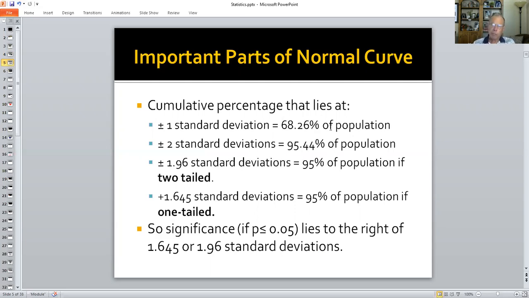But if it's a one-tailed, then that 95% lives in 1.645 standard deviations. We care about this because we're going to see this significance. So in other words, we are significant in our testing if the p-value is less than or equal to 0.05, it lives to the right of this or of this. Okay? This is important to know.